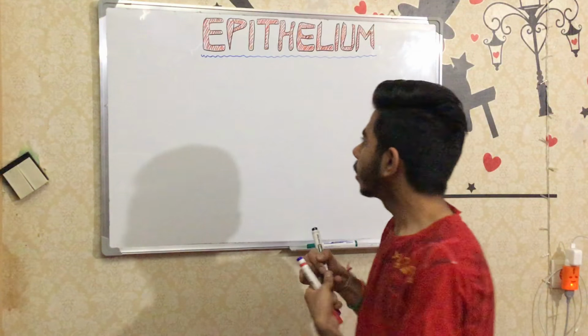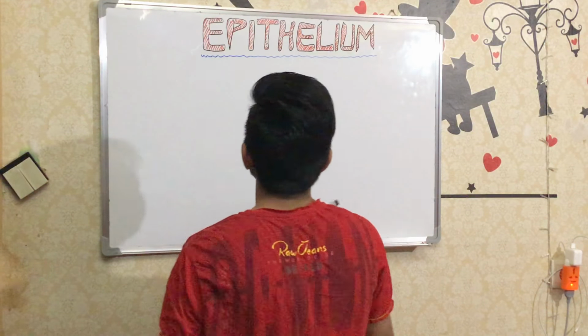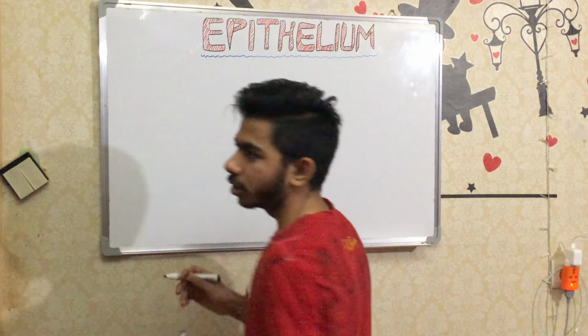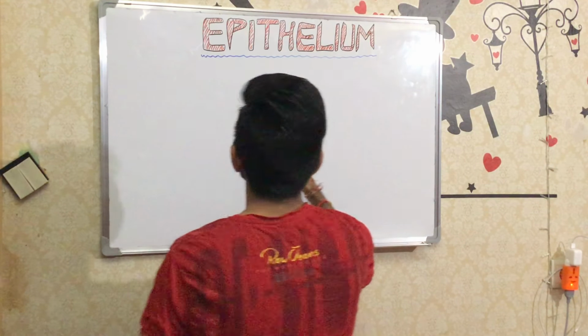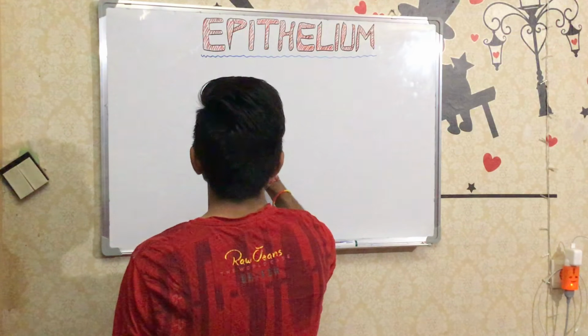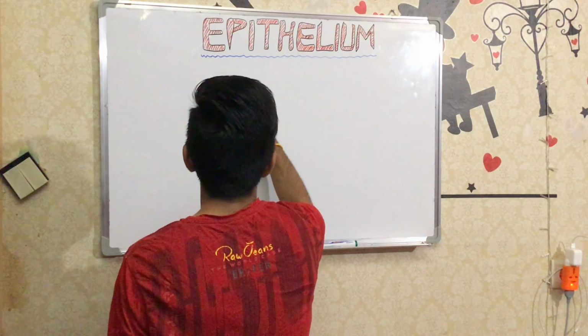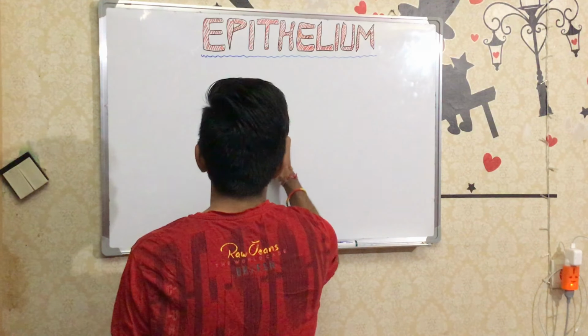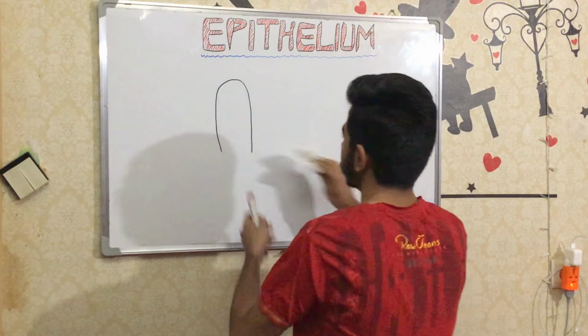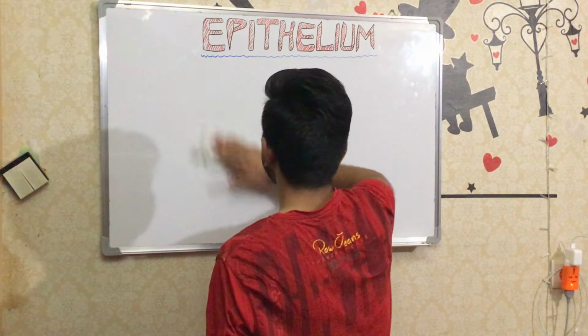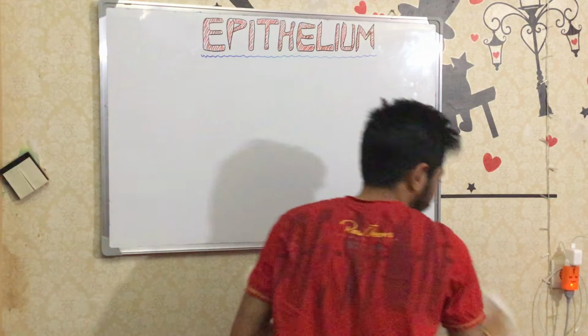Okay, so here I'm trying to draw the diagram of the columnar epithelium, just one columnar cell, so that I can show you the surfaces and the structures present over it. Actually I should draw it a little downwards so that I can show you the cilia also.